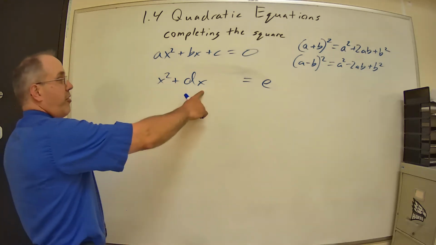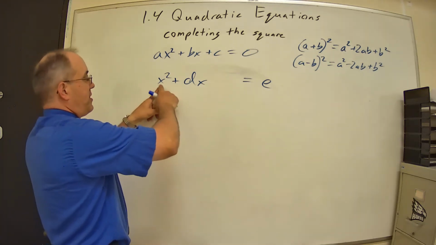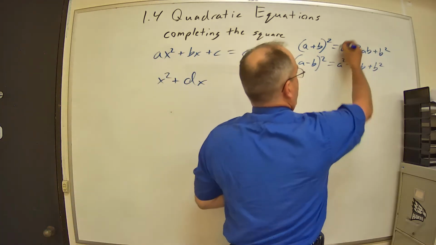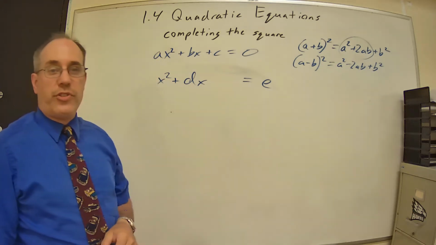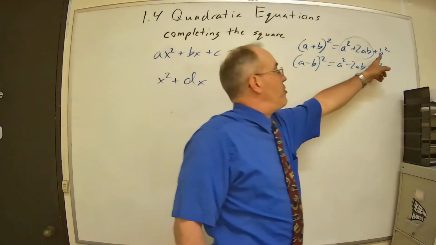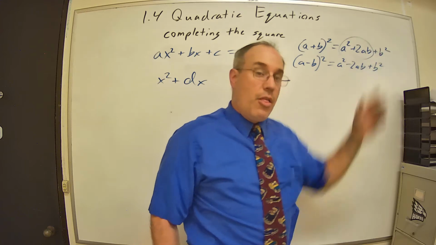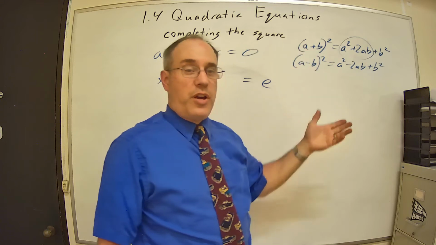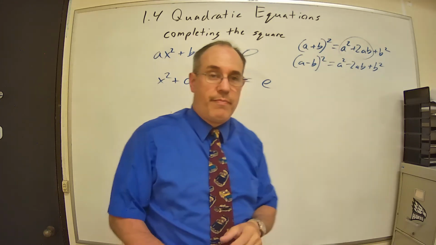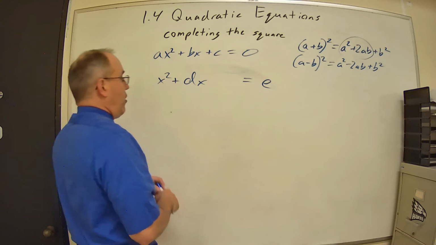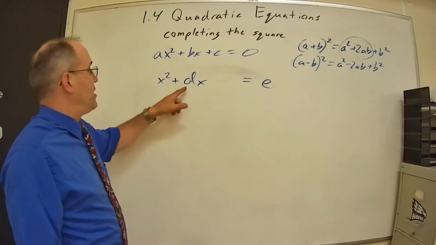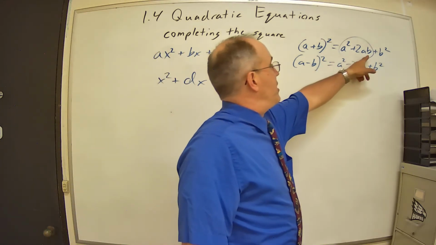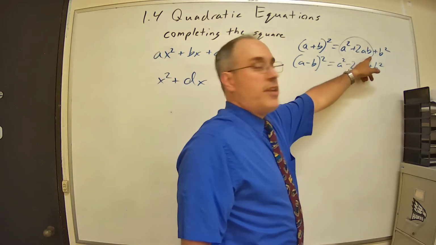So our goal here is actually to put this x squared plus dx into this form right here. Make it match those first two and determine what value this needs to be to complete this perfect square. Right? This is a plus b squared. That's a perfect square. You take a value and square it, you get that. So that's going to be our goal. Well, how do we do that? We take this middle term. Notice that it's 2ab, right?